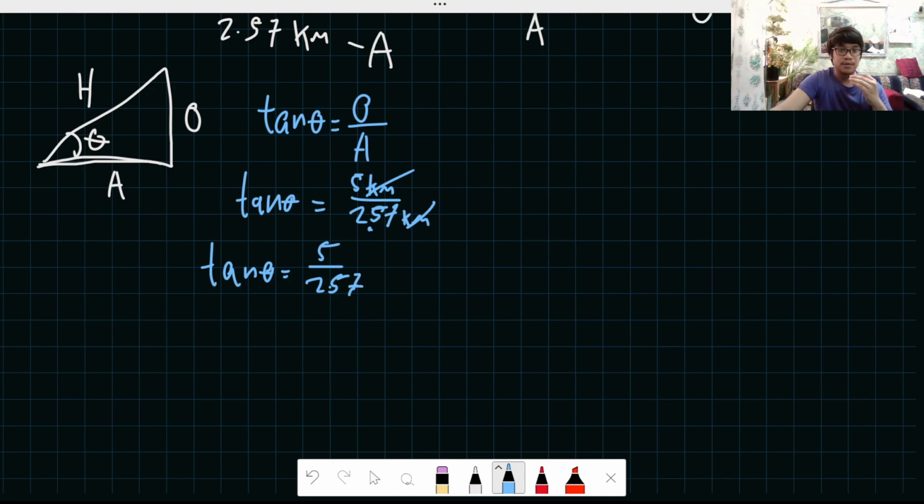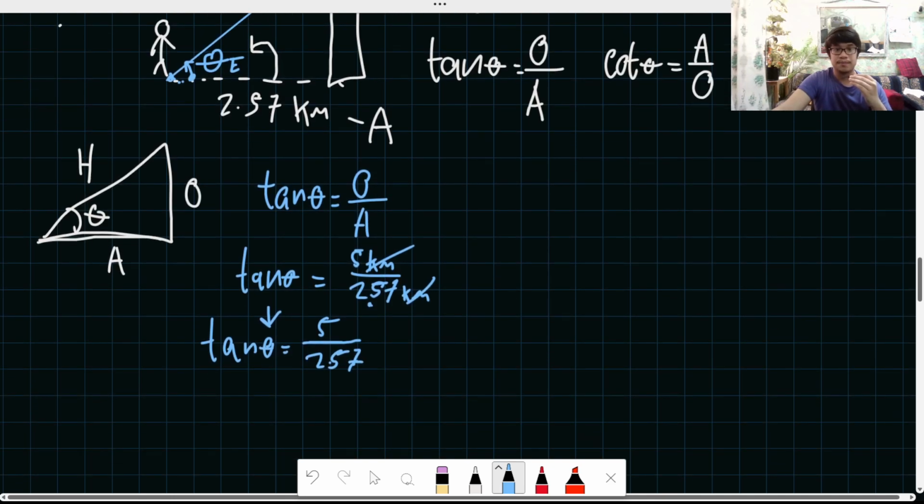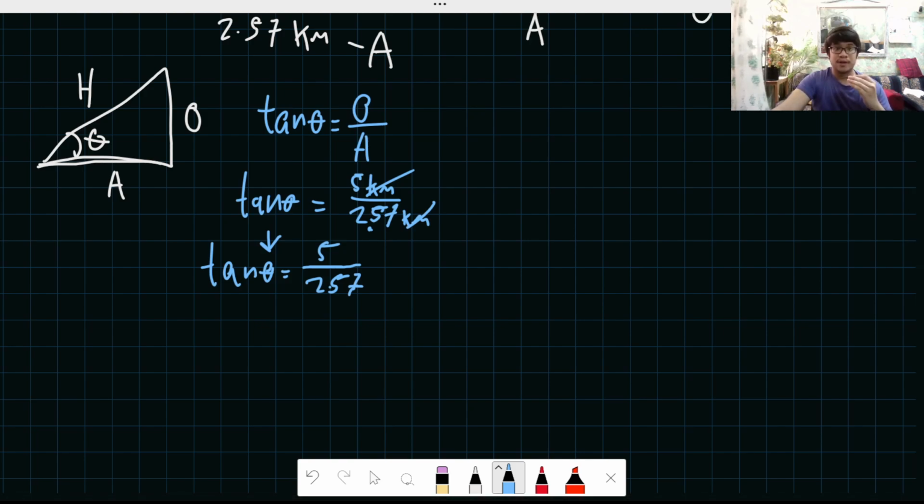Now here, we're going to find this angle, because this angle is our angle of elevation. So how are we going to find the angle? We're going to apply an inverse trigonometric function. To be particular, we will use the inverse tangent function because we have a tangent function here.